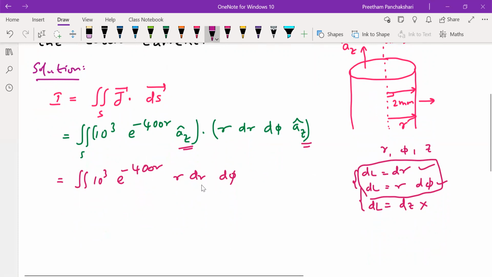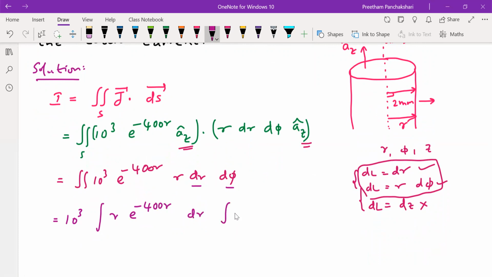So the variables are r and phi. 10^3 is constant. All r terms put together. The phi component is also to be integrated. Limits are clear. For the complete cylindrical conductor, the angle should vary from 0 to 2 pi. For r, the radius should vary from 0 to 2 millimeters.